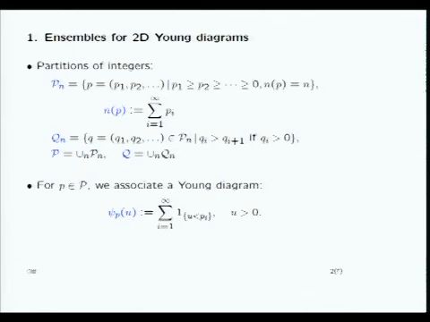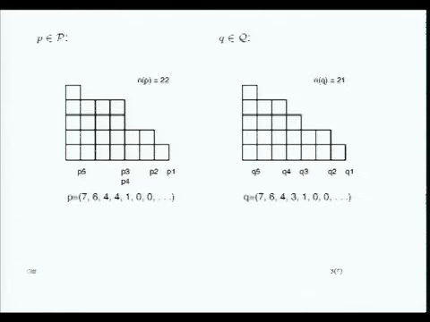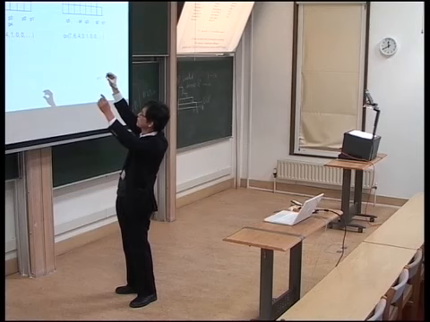In the next slide, I give some examples. P1 is here, P2 is there, P3, P4. P3 and P4 are the same. I pile up sticks with side length p1 and height 1, then the next side length p2, height 1.